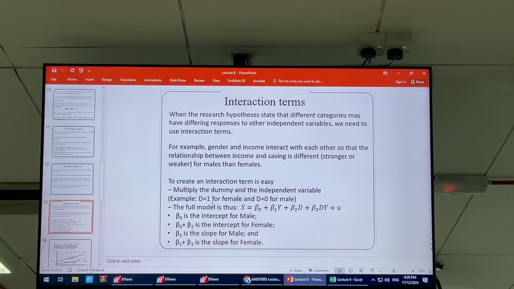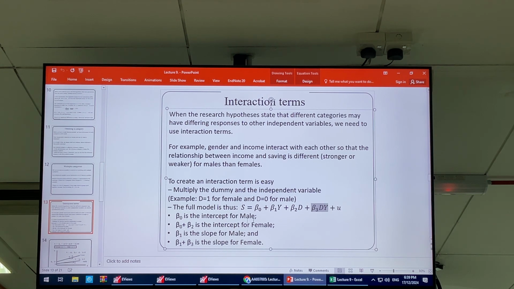So for example, if we have a dummy variable, one for female, and for the case of male it will be 0. We just add the interaction between the dummy variable and the independent variable, so that we have a different slope parameter for the income.